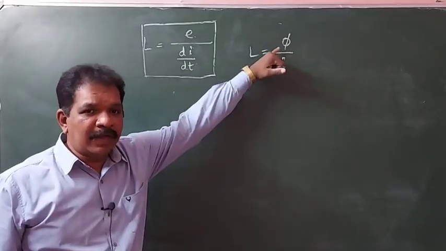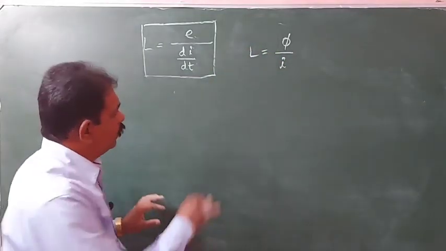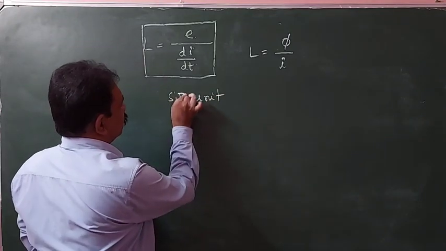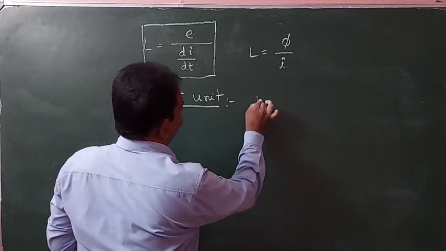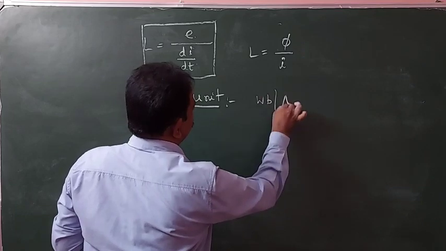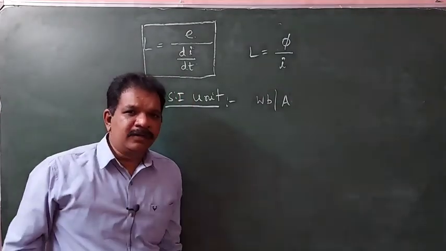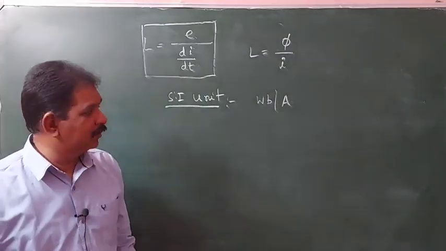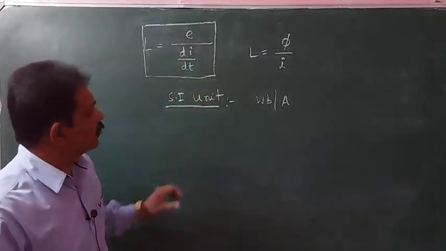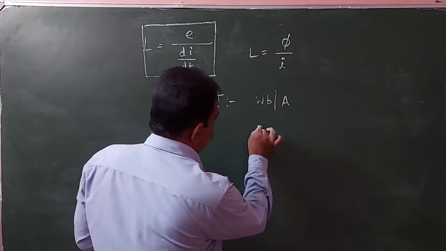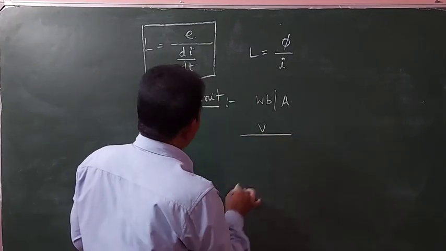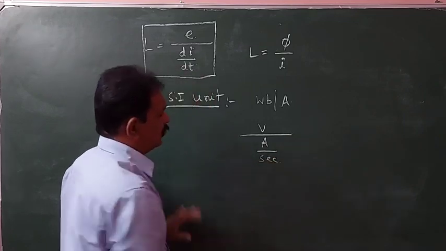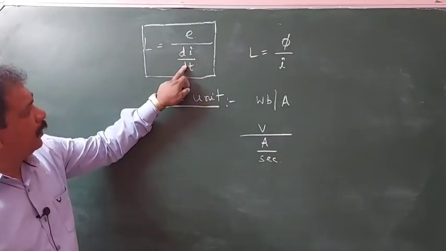Phi is magnetic flux, unit will be Weber. Current is in ampere, so Weber per ampere will be the SI unit. Or using the other formula, EMF means volt, divided by ampere per second.